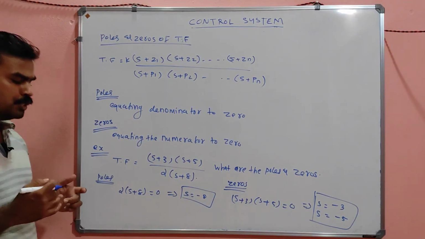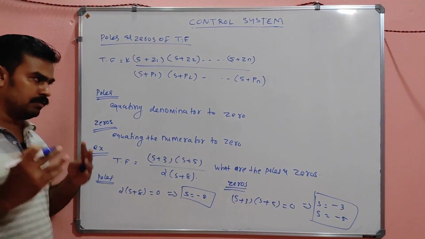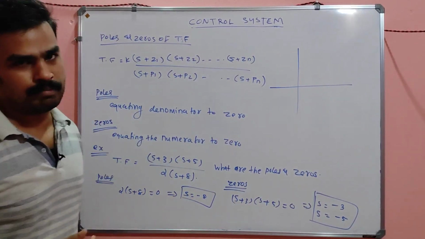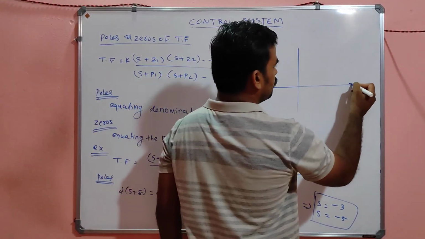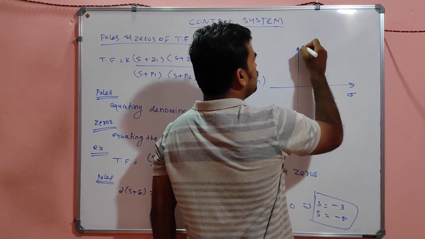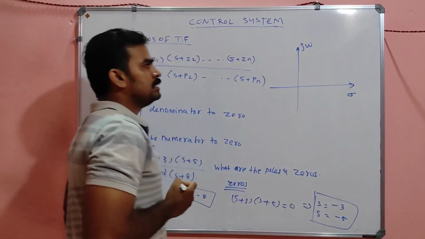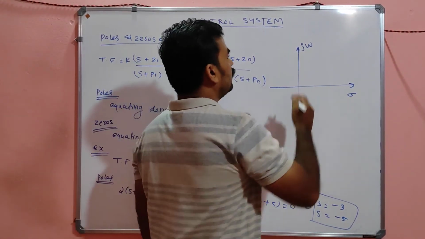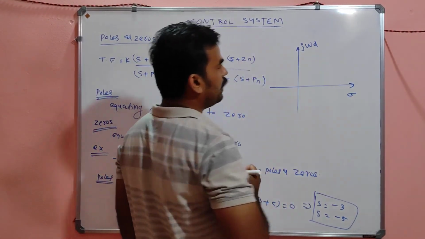And how can you draw this pole and zero on your S domain? Our S domain consists of, my dear, sigma and j omega. S consists of sigma and j omega, or very specifically omega d.